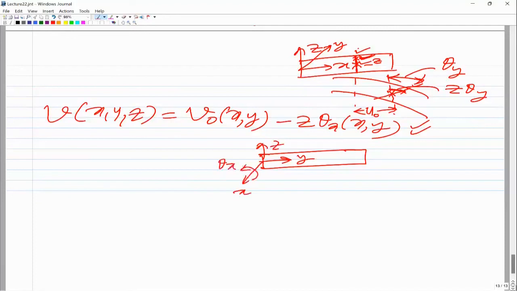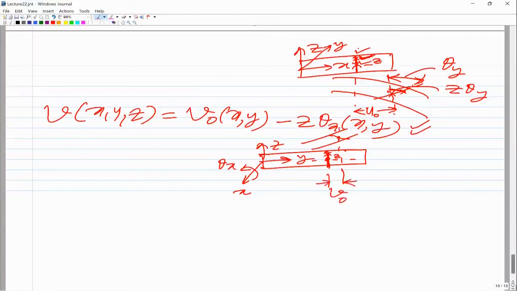If I take any element here, this normal here, this is the z equal to 0 point, and this is a point at a distance z. This will ultimately deform and this normal will move somewhere there. So the center point has moved by a distance of v naught.